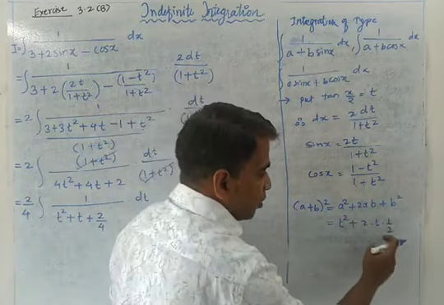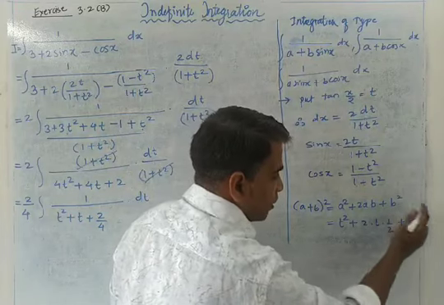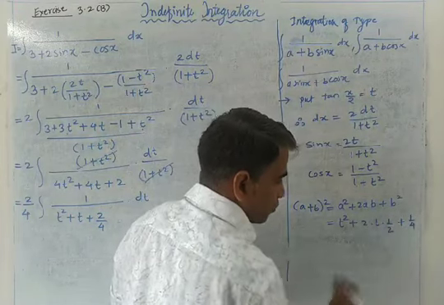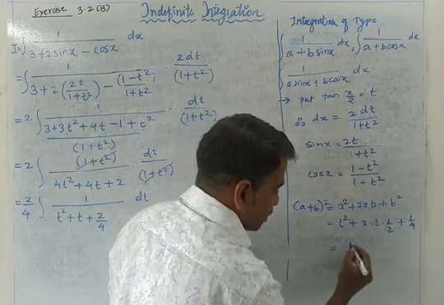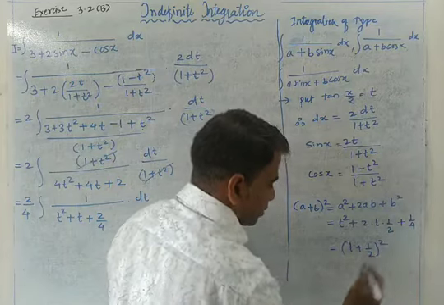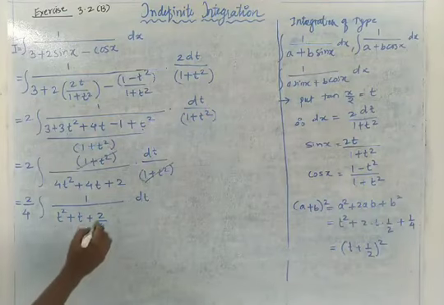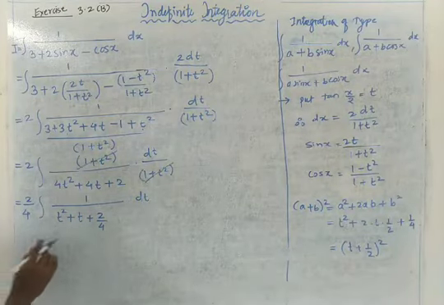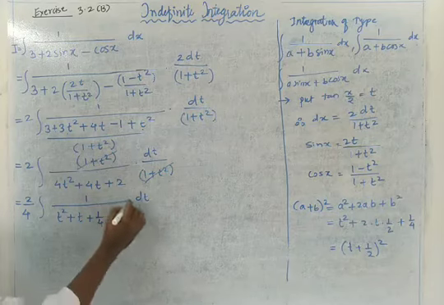It means the value of b we have to assume as a half, and if the value of b is a half, then the value of b square is 1 by 4. And now this is the formula of a square plus 2ab plus b square. So with respect to that, t plus half whole bracket square. Understood? So which is the third term we are going to adjust now in this equation? 1 by 4 minus 1 by 4 plus 2 by 4.